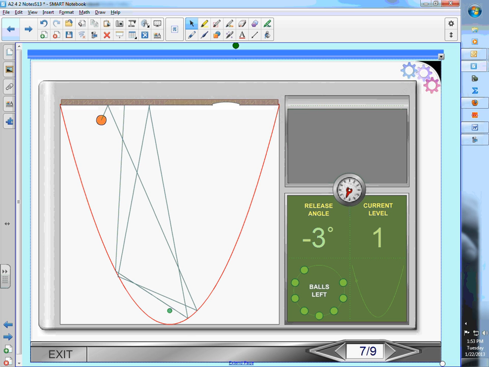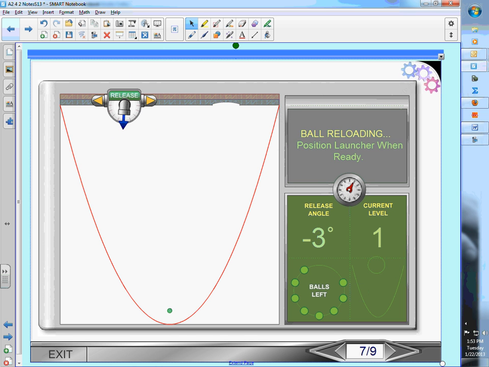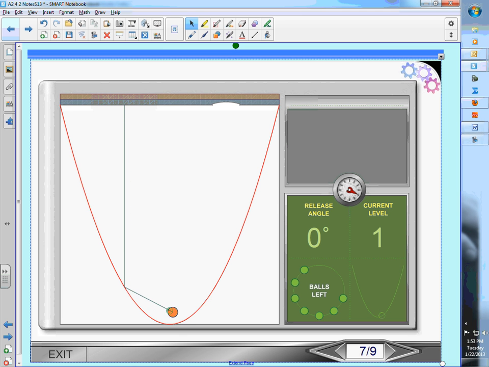Another shot of it. Anything that comes straight down, it doesn't matter where I put it, it's going to go straight through.